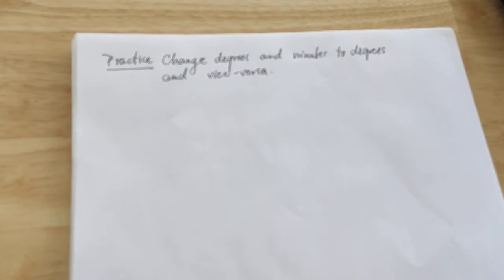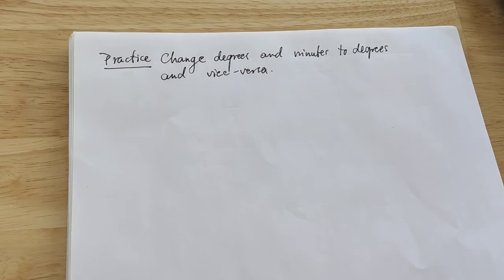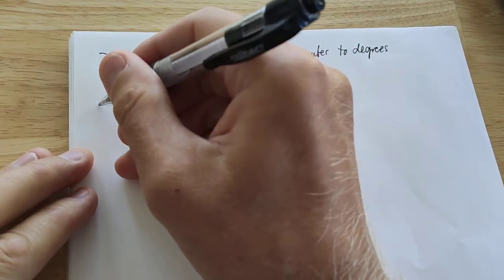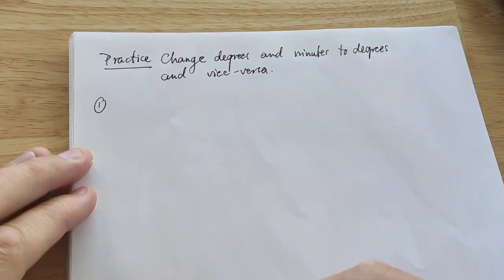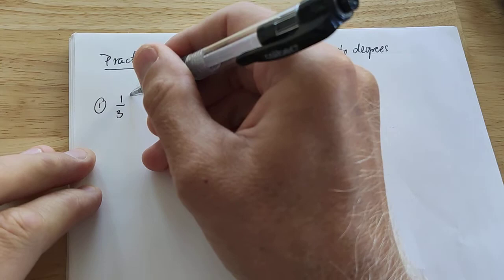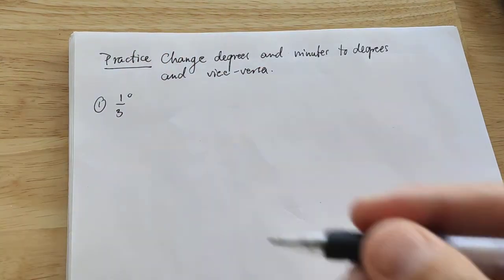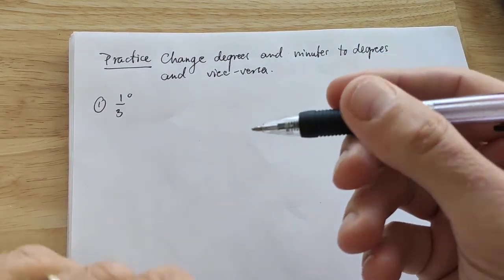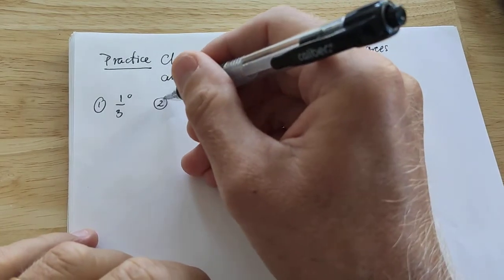Yeah, so the first problem is 1/3 of a degree. So, right, when I give you something like 1/3 of a degree, you're changing it to minutes, right?